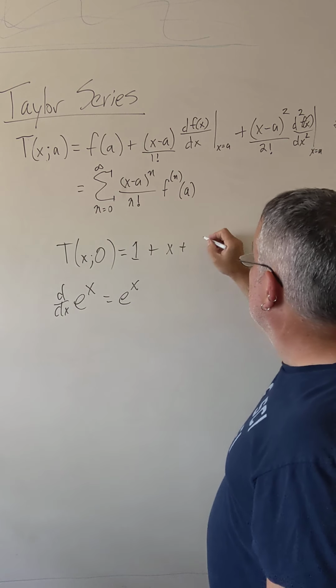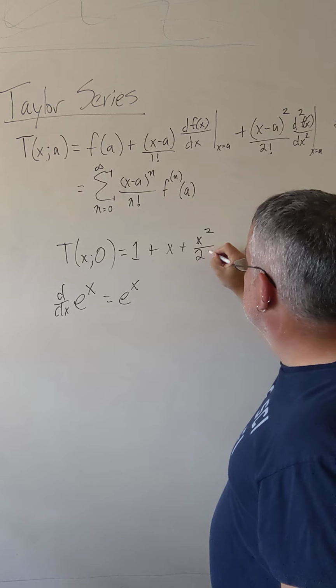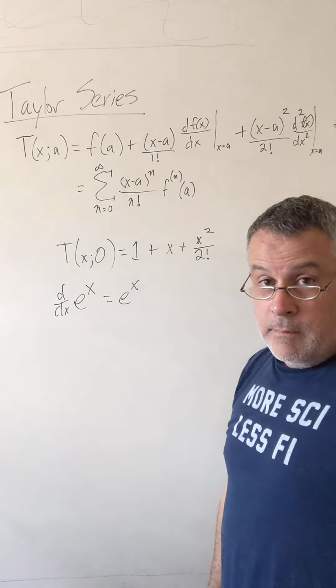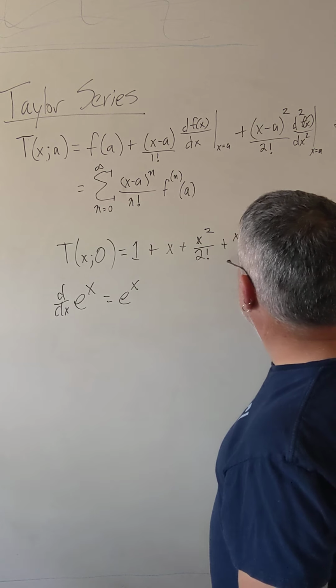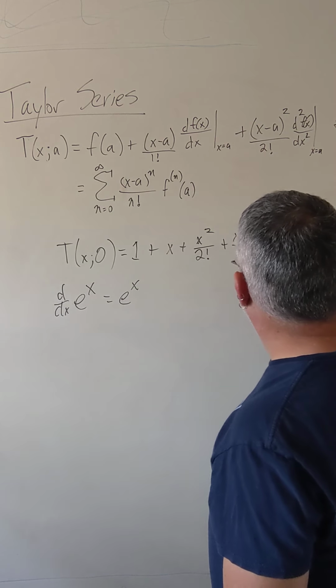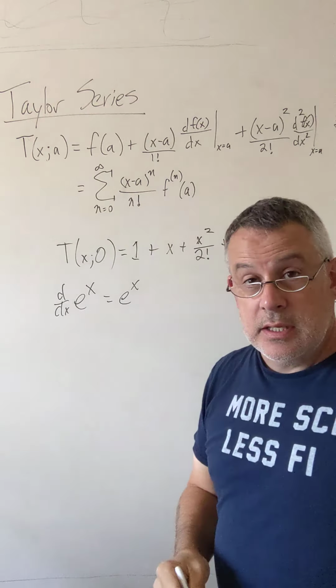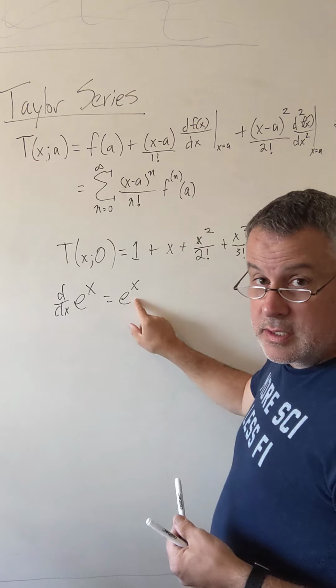What's that going to be? That's going to be x squared over 2 factorial. And I think you can see the pattern now. We can easily do the rest of these. X cubed over 3 factorial, x to the 4th over 4 factorial. Nice and easy.